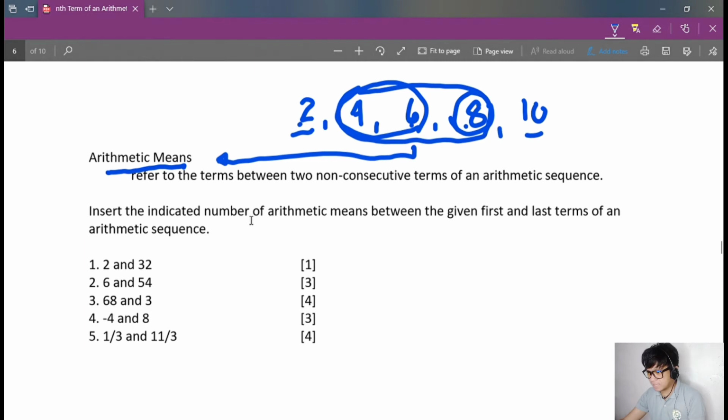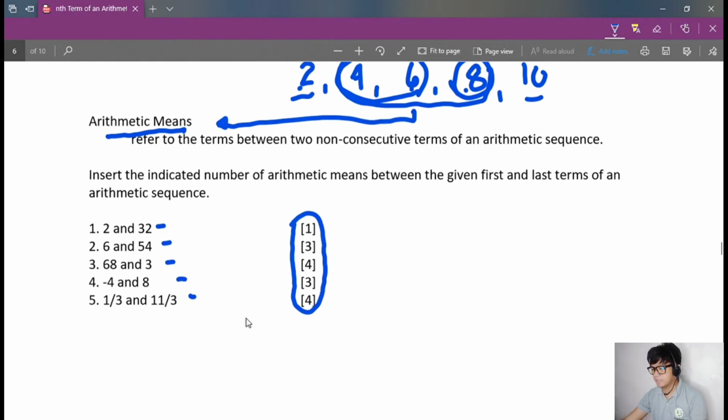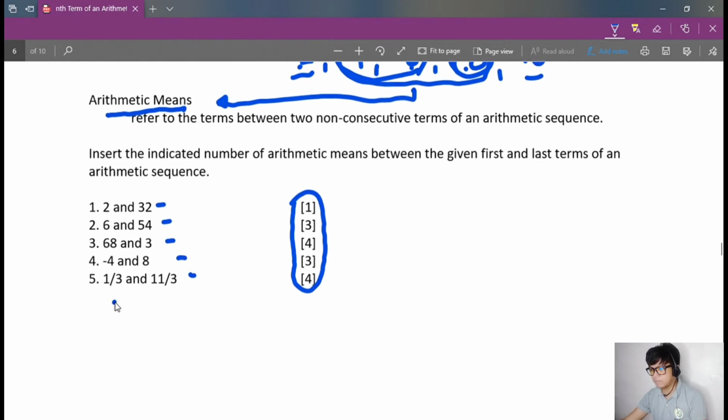So, let's have an example here. Insert the indicated number of arithmetic means between the given first and last terms of an arithmetic sequence. So, ito yung mga arithmetic mean na i-insert natin doon dito sa given. Ito yung mga first and last term. Okay, for number 1, try natin for number 1.